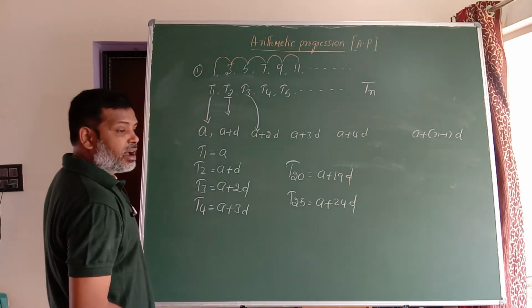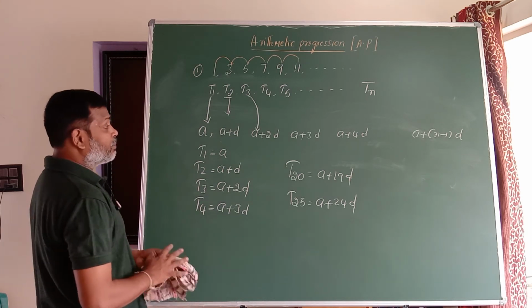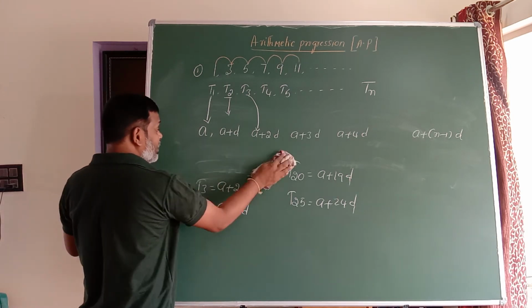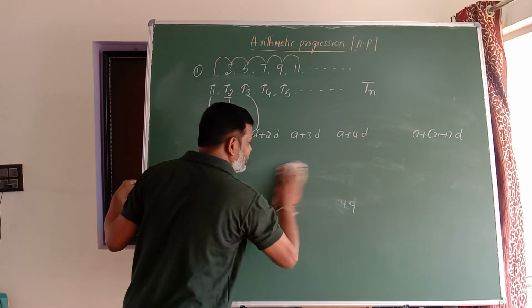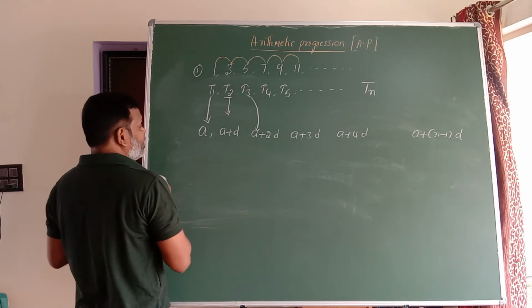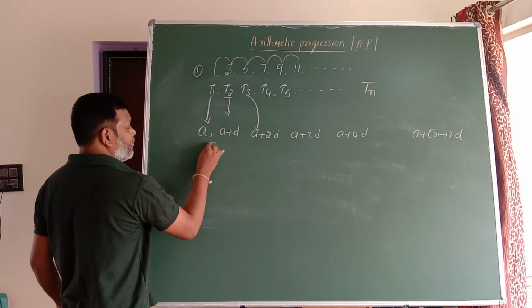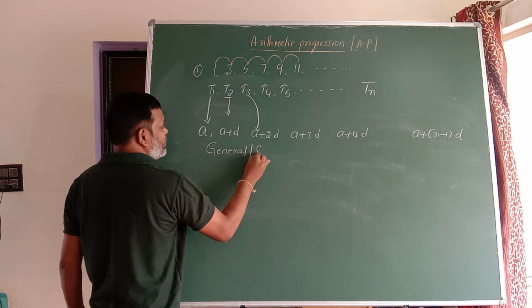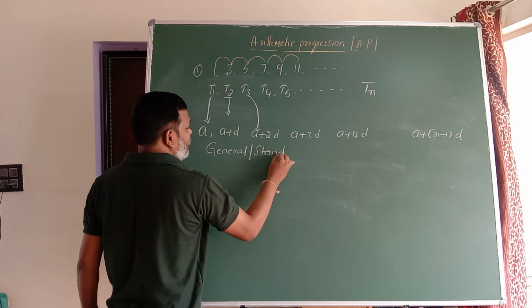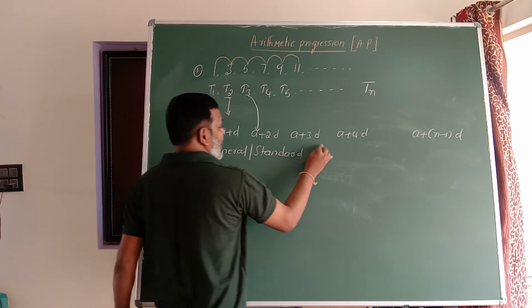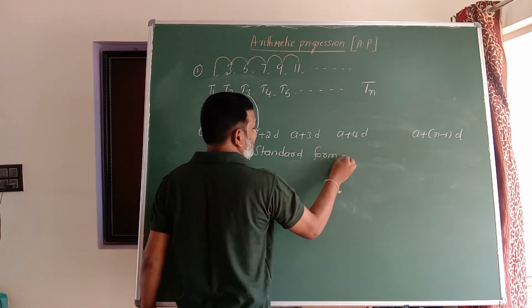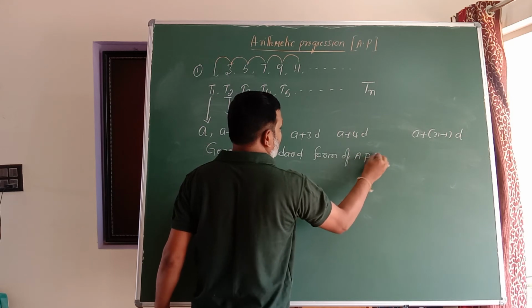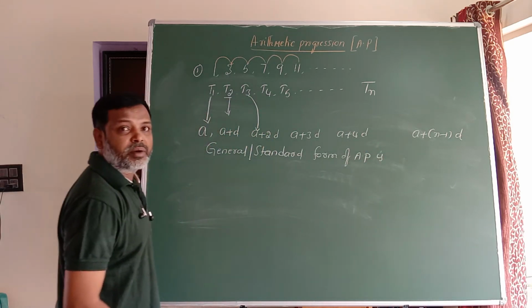So the general or standard form of the arithmetic progression is to be like this. What is the general or standard form of the AP?